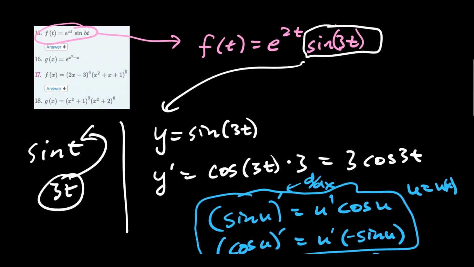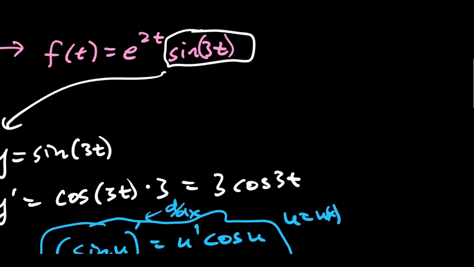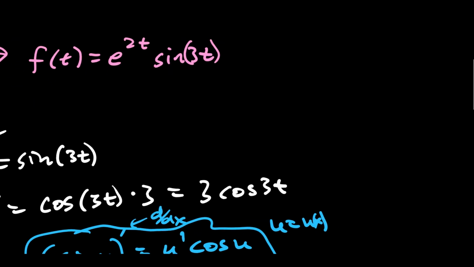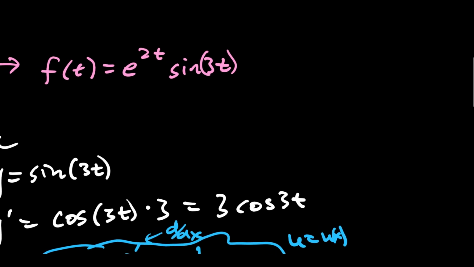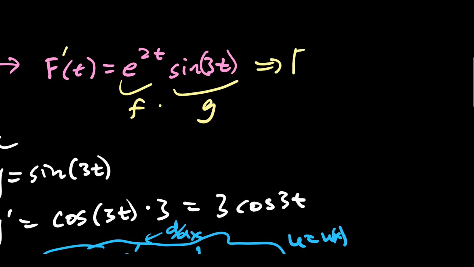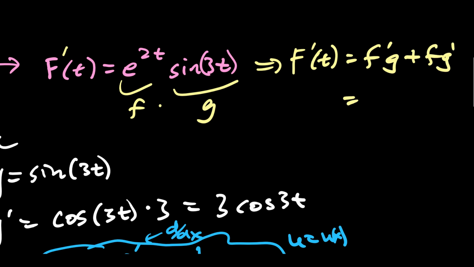So when we have this problem here, let me erase this piece here. This is a product rule. Let me call this capital F because I want to rename this. Notice we have two functions here. We have little f times little g. So the derivative, F prime of t, will be f prime g plus f g prime. All right, so here we go.